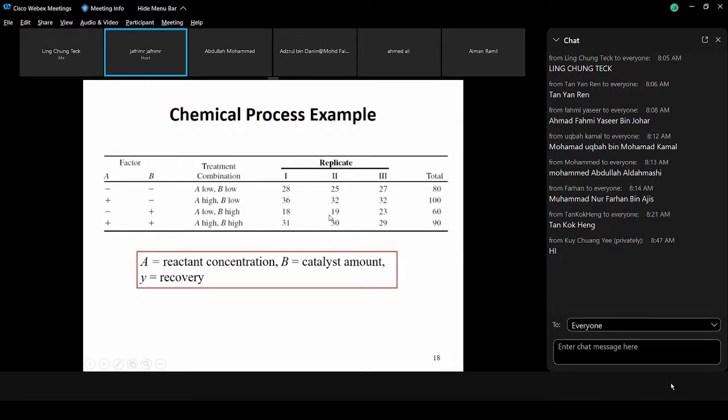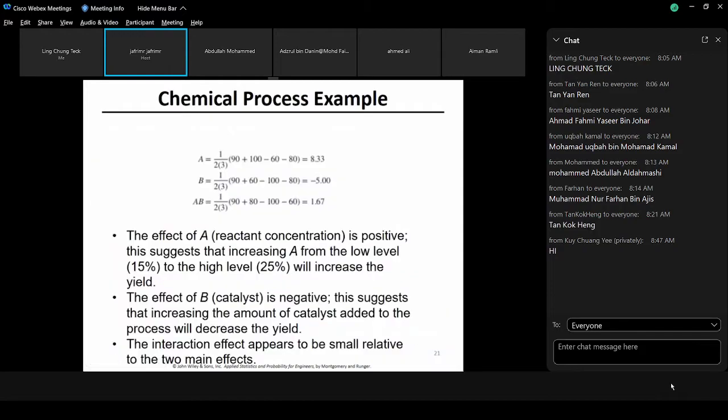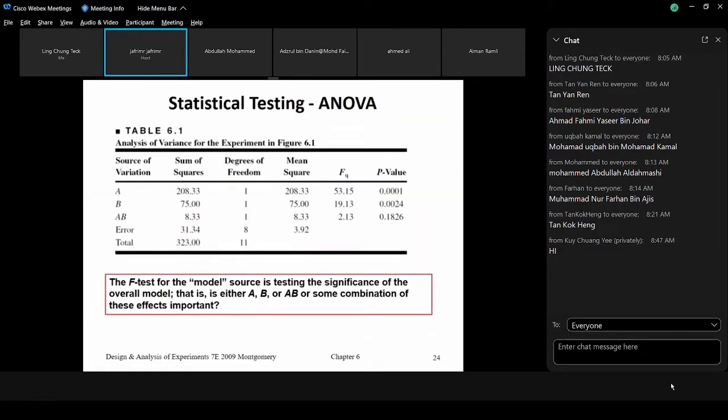Please take note, refer to slide page 18.